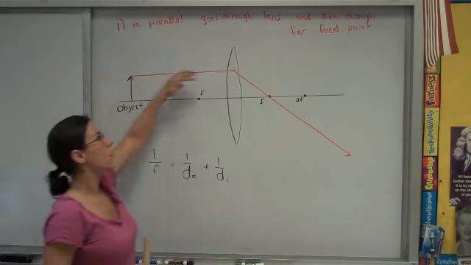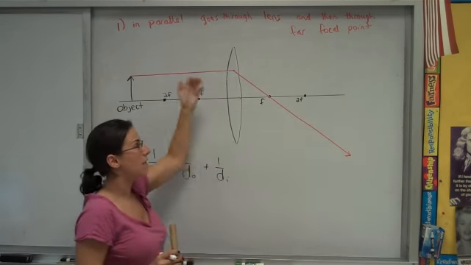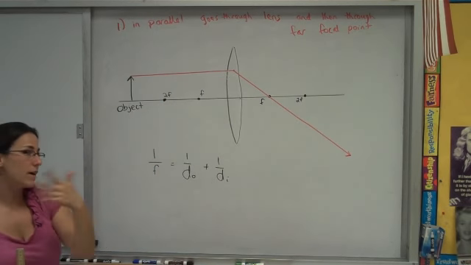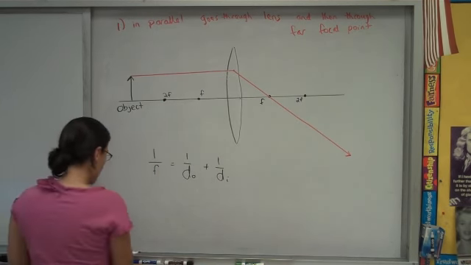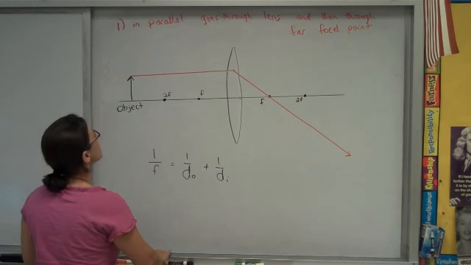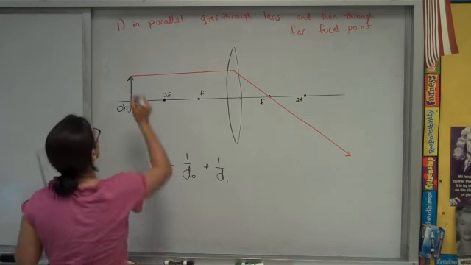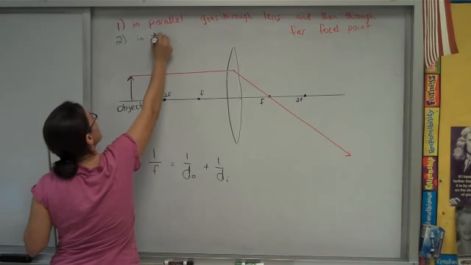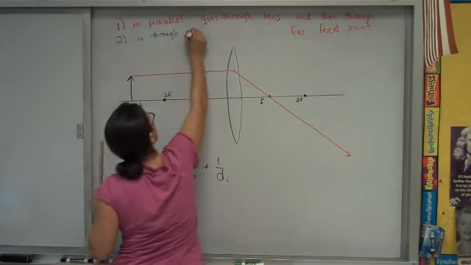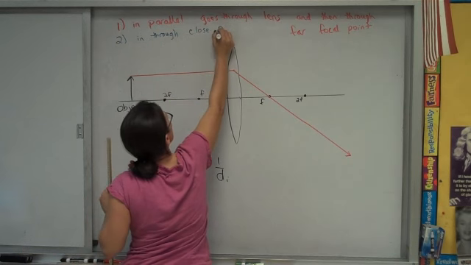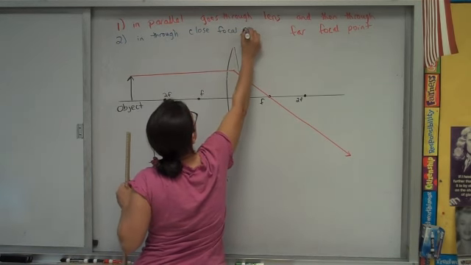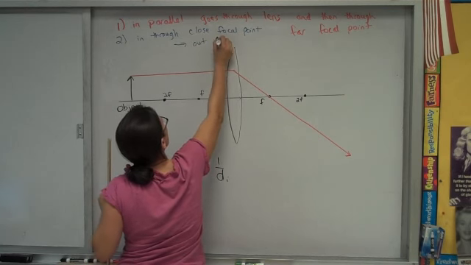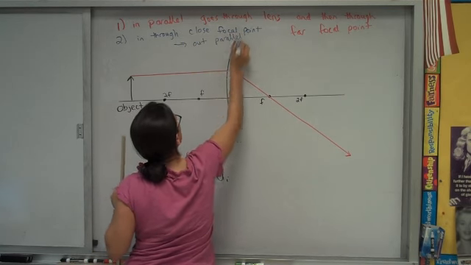Now you can imagine if light can go one way, it could take the reverse path. Meaning if it happens to come in through F, it's going to go out parallel. In fact, that's our second rule. We're going to send light in through F, and I should really say in through the close F, the close focal point, and the result is that it's going to come out parallel.